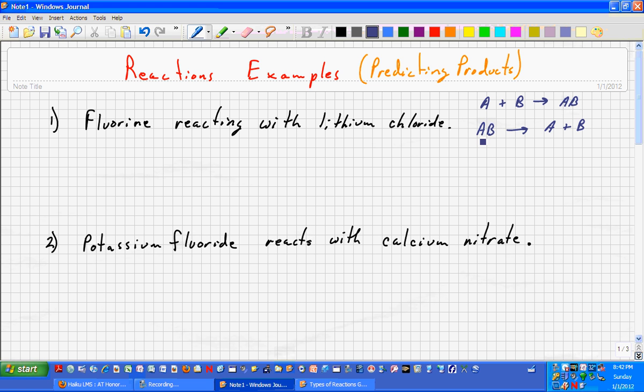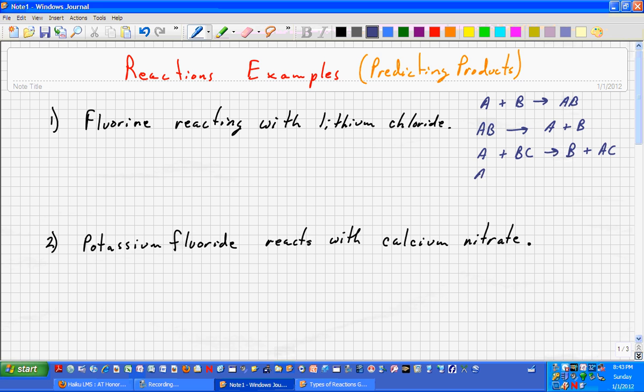We've got a single replacement, where we've got an element reacting with a compound to give us a separate element that gets kicked out, and it can either be the cation or the anion. In this case, I'm kicking out the cation, and a new compound, combination of my original element and the anion.